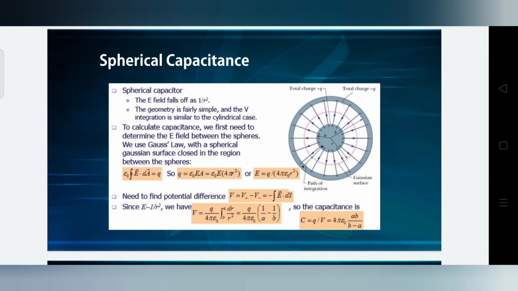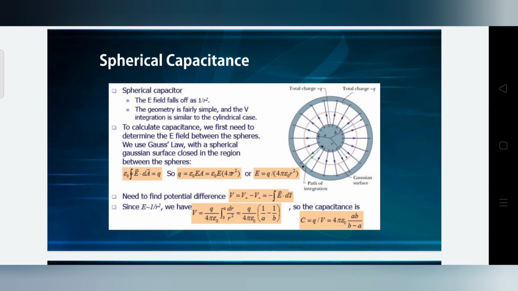In a spherical capacitor, the electric field intensity falls off as 1 divided by R squared. So in place of the field for the cylinder, we have to substitute 1 by R squared in the spherical capacitance. To integrate 1 by R squared, we get Q divided by 4 pi epsilon naught as a constant that we take outside, and for 1 by R squared we substitute the upper limit and the lower limit.